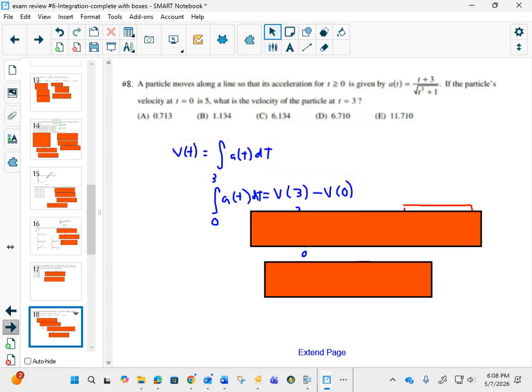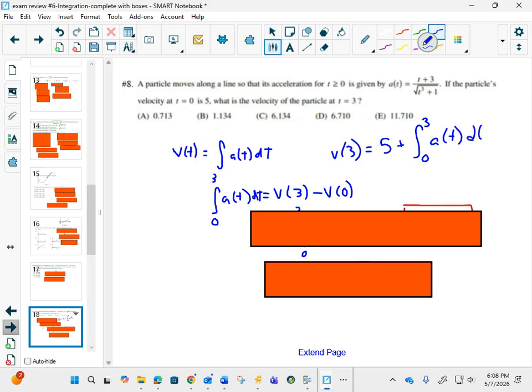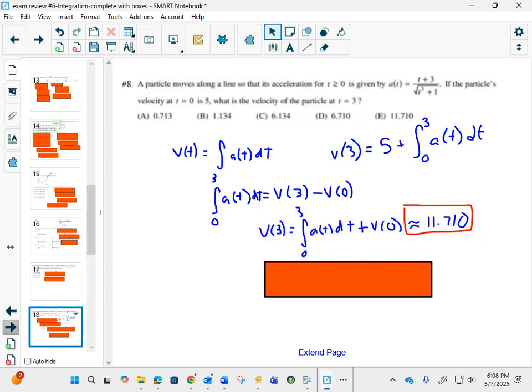I would probably go directly to this: V of 3 will equal starting at 5 plus the change from 0 to 3 of A of t. Because you always have your starting point plus your accumulation of change will be your ending point.